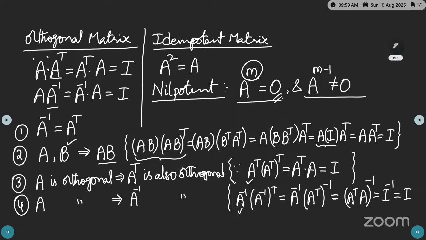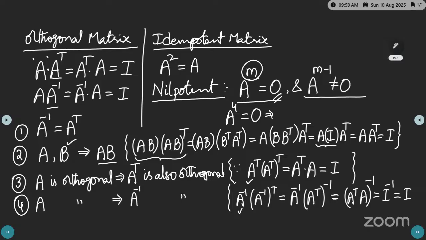Where 0 is null matrix. Write down. So here A is said to be nilpotent with index m. Amma, for example, now suppose A power 4 is 0.